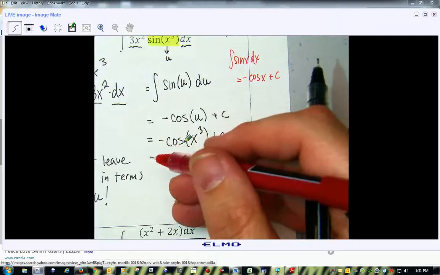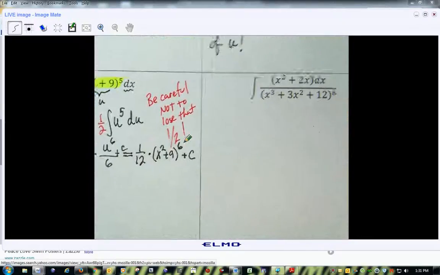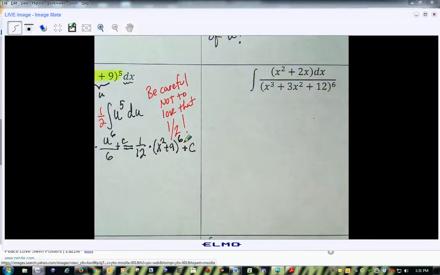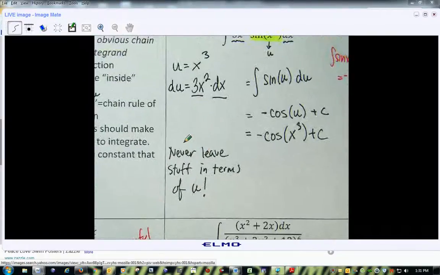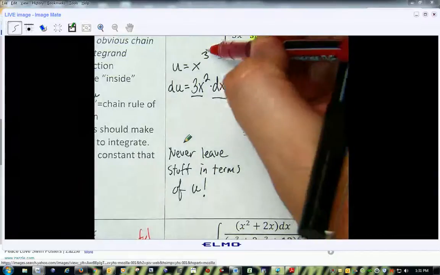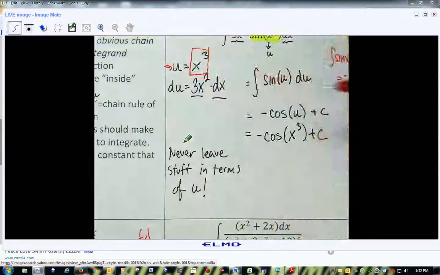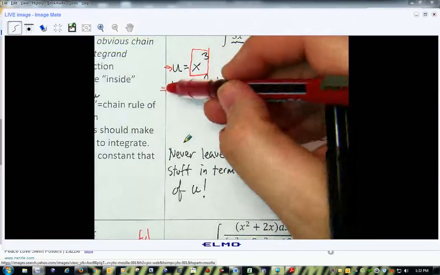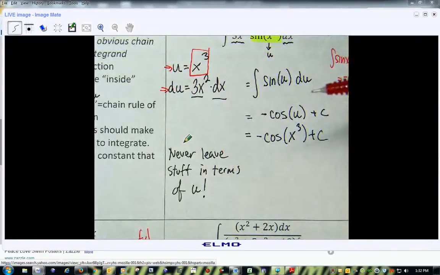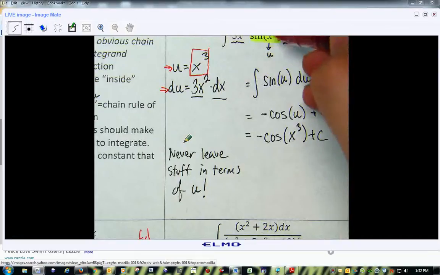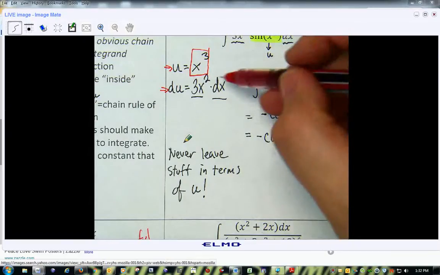I don't quite understand it. Like in the first problem, where did the 3x squared from the du go? I took from u, I took du. Okay, so the u was x to the third, right? Right. So then why did you find the derivative of that, because of the dx in the problem, or because it's an integral?